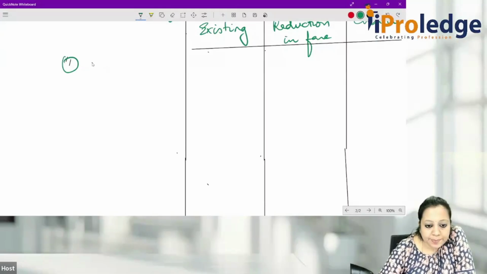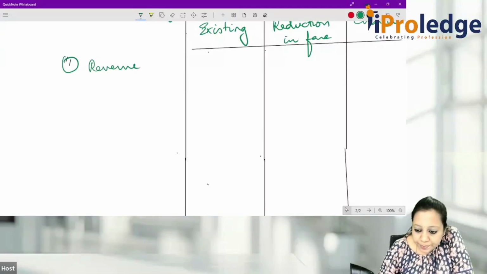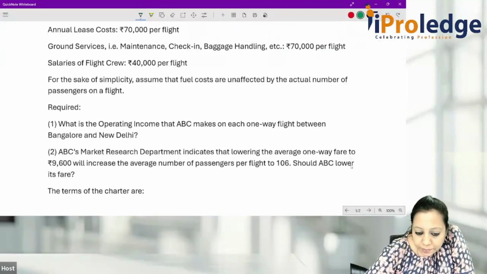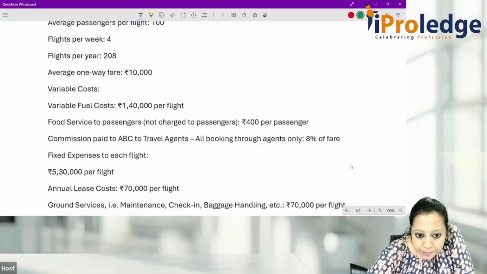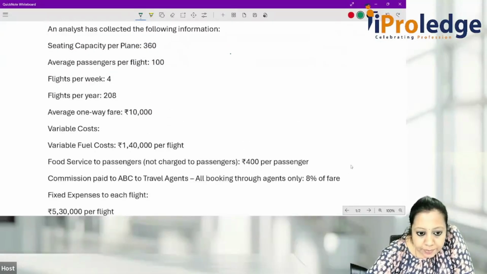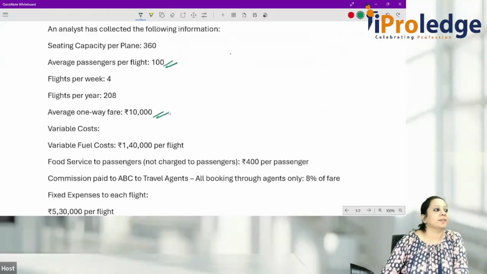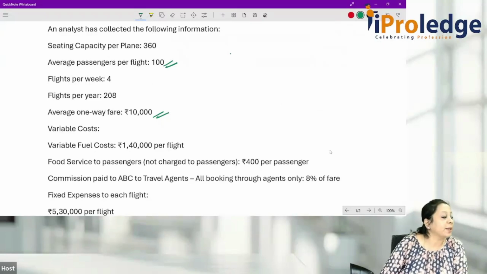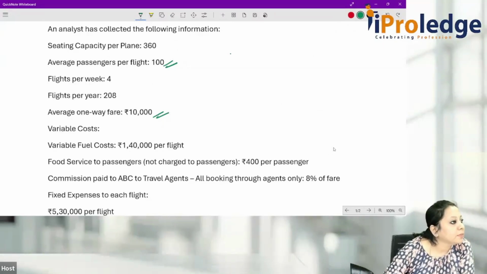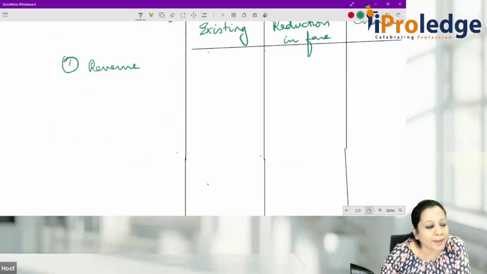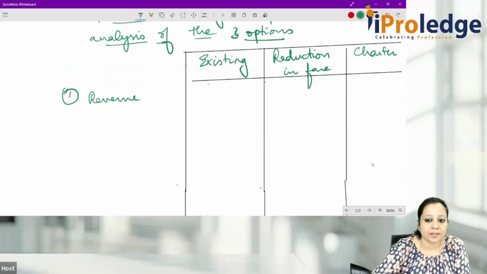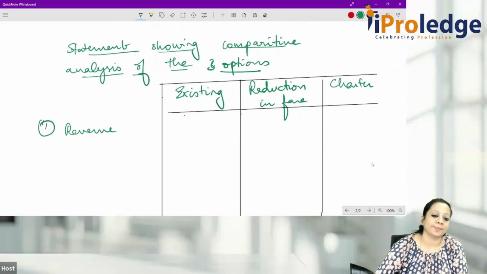So the first one, revenue. Average passengers per flight is 100 and average one-way fare is 10,000. Right, students? What happened? You want to see the answer? Okay, right.